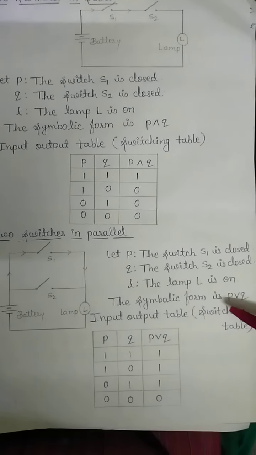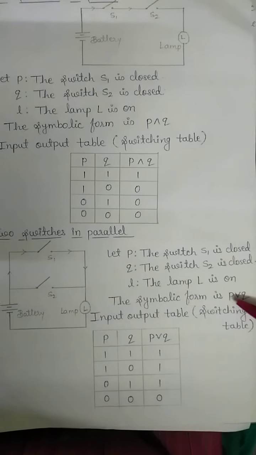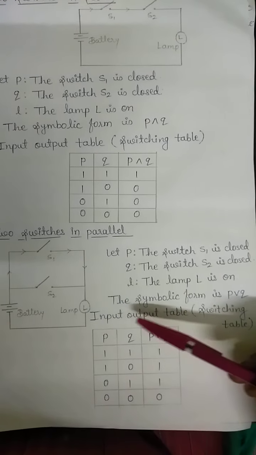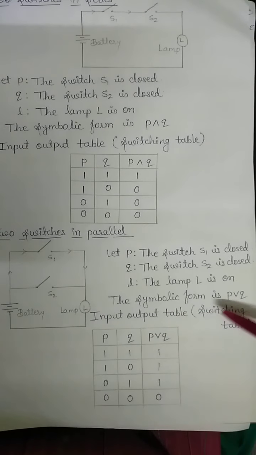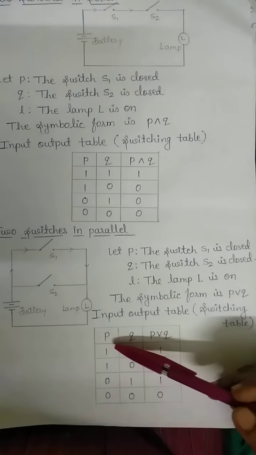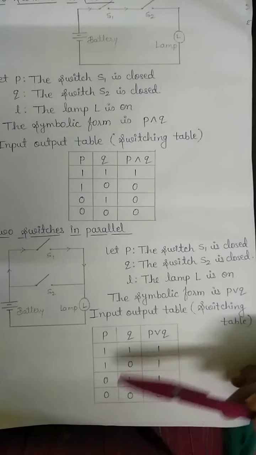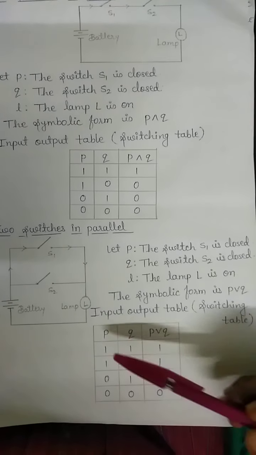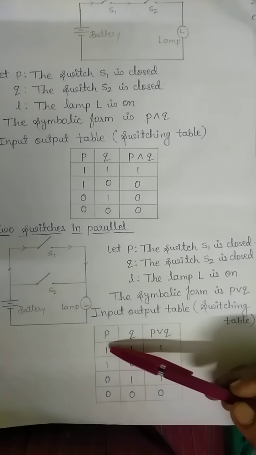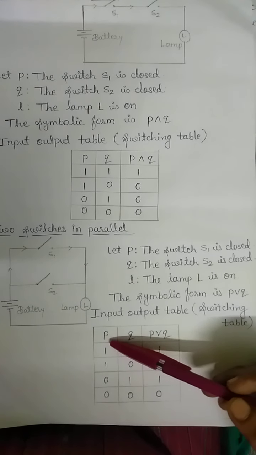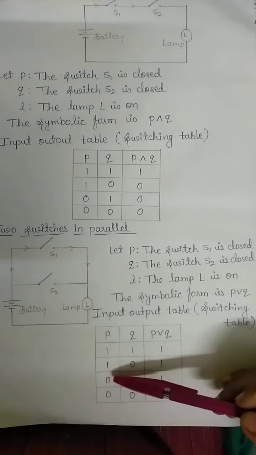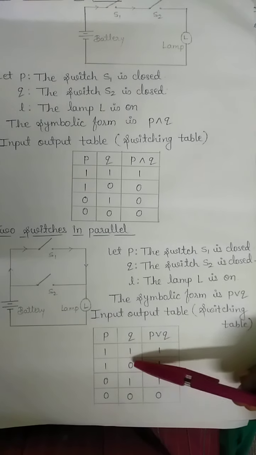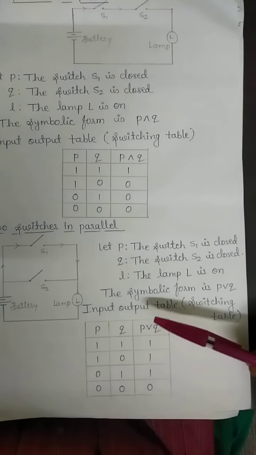So here we have symbolic form as P or Q. Now while constructing the input output table, that is switching table, our columns will be P, Q, P or Q. Here also we will consider the possibilities for P as 1 1 0 0, then the possibilities for Q as 1 0 1 0.